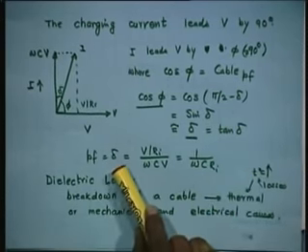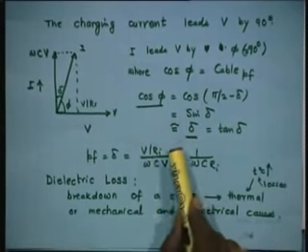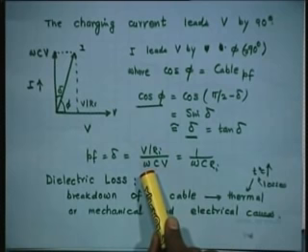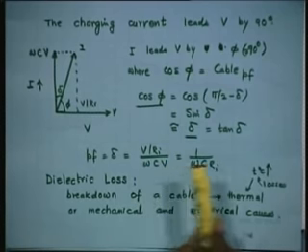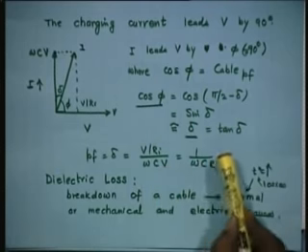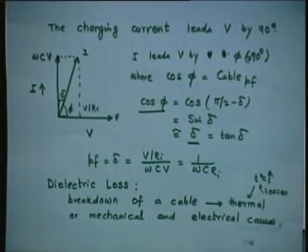So, power factor is delta, which is V by R_i over omega CV, or 1 over omega C R_i, V gets cancelled. This is the power factor for a cable.